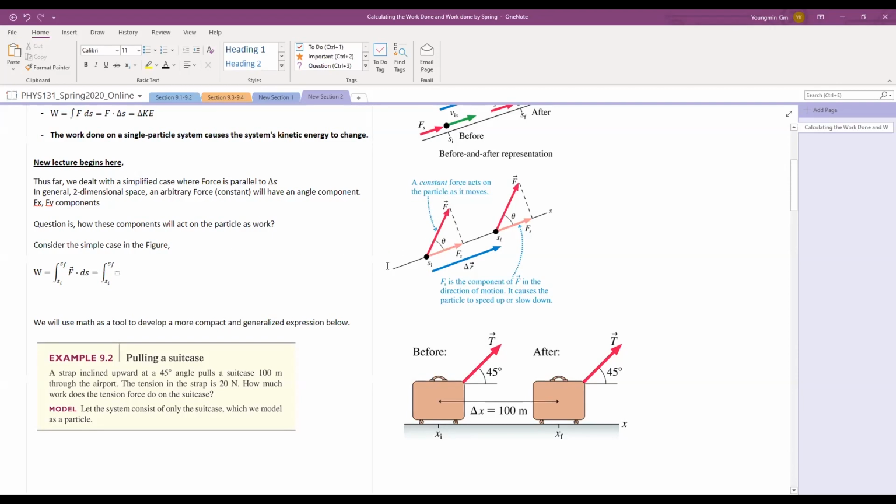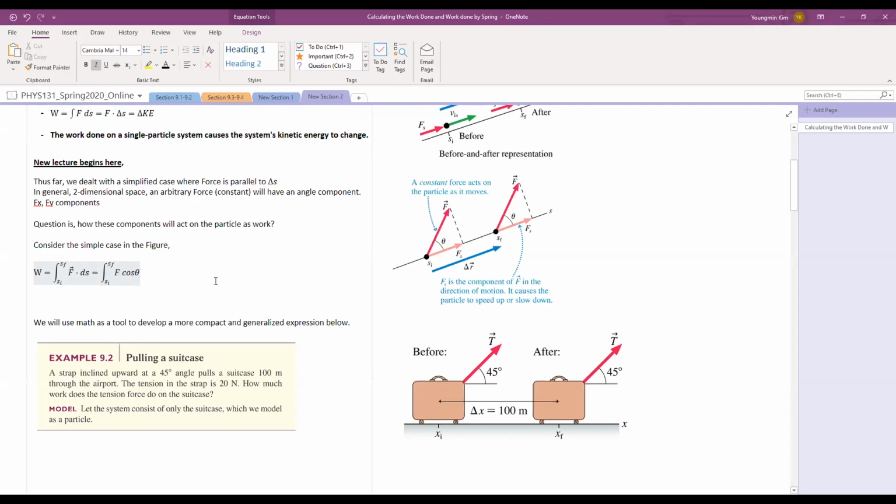In this case, how much of that original force component contributes to the work is a question. If this is the force vector, then we know along this x-axis, or in this case s-axis, the force component there would be F cosine theta. Why cosine theta? Because the angle is defined off of the x-axis, or s-axis in this case, so that the magnitude of the force is F cosine theta.